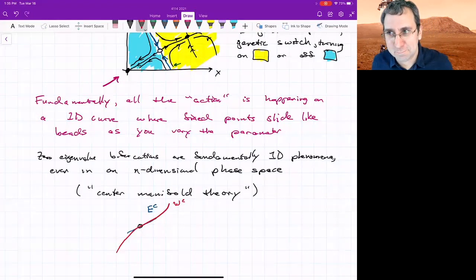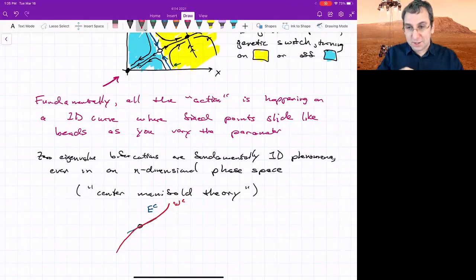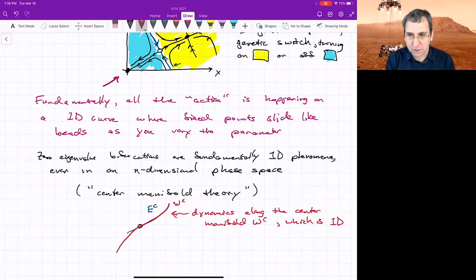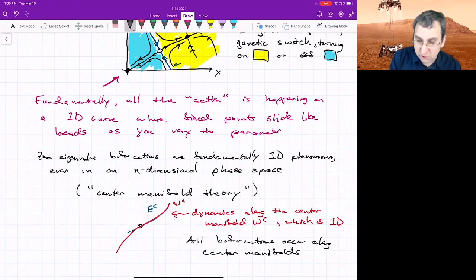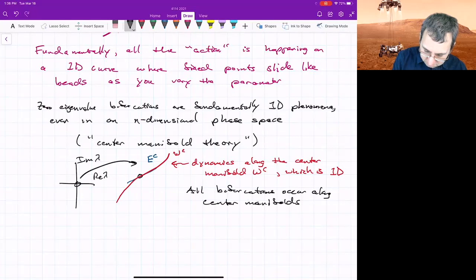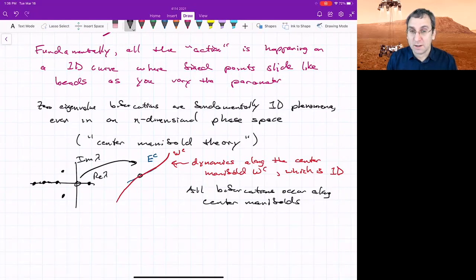This is manifold notation. So there's this curve, and you could look at the dynamics along the center manifold, which is just 1D, and all bifurcations occur along center manifolds. When you have a single zero eigenvalue, there'll be a one-dimensional center manifold. And what really matters is actually the real part of the eigenvalue. So for the case where you have a single zero eigenvalue, this would be the corresponding eigenspace and manifold, and forget about all of the other eigenvalues.